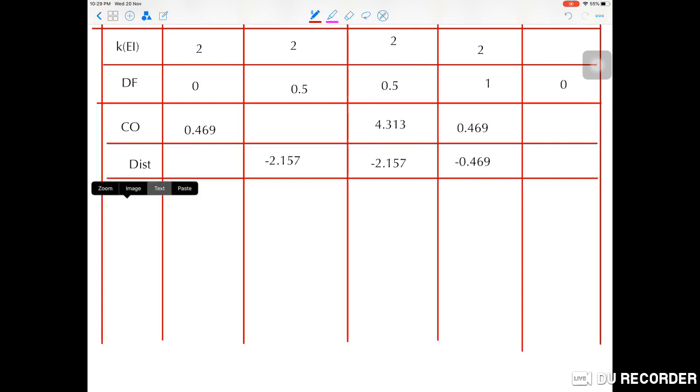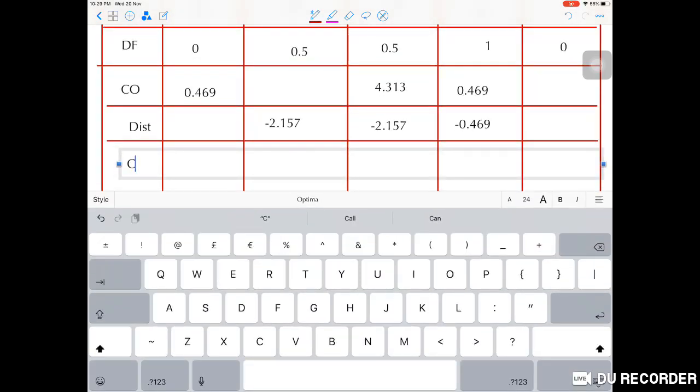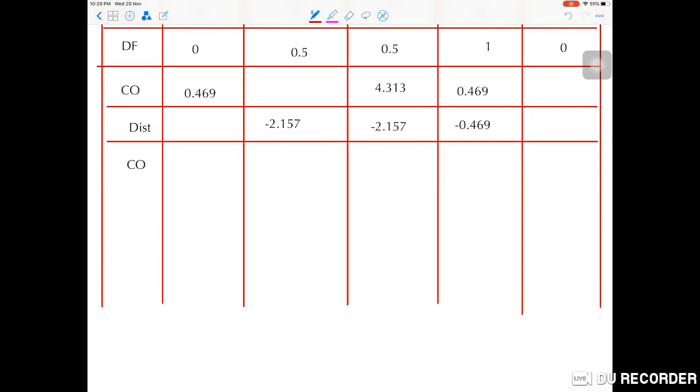Okay, continue back with carryover. So carryover, we bring the value like this. It is 2.157 divided by 2.